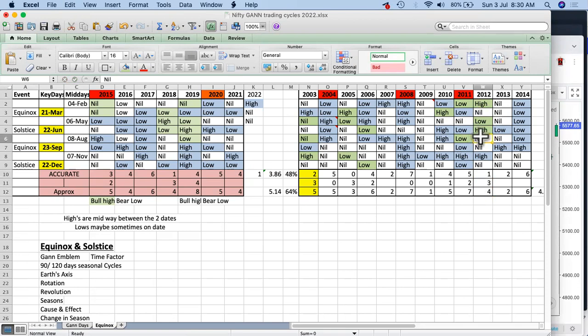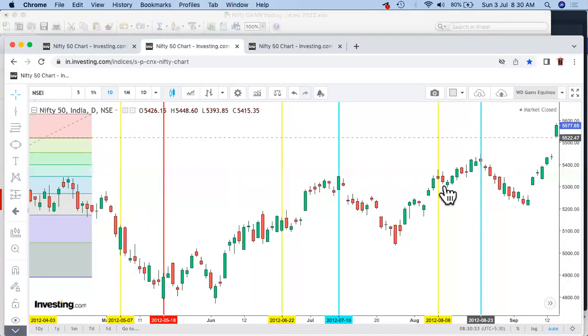We go to the next date, which is 8th of August. So from 22nd of June, after making an adjustment, we go to the next date, which is 8th of August. 8th of August against 1, 2, 3, 4, 5, 6, 7, 8, 9 days.